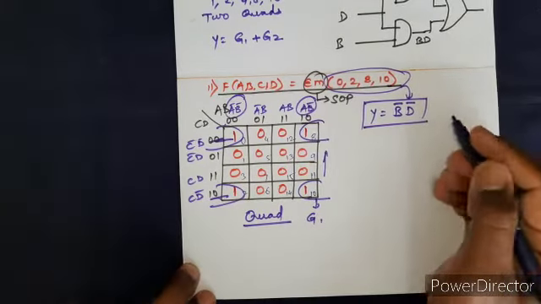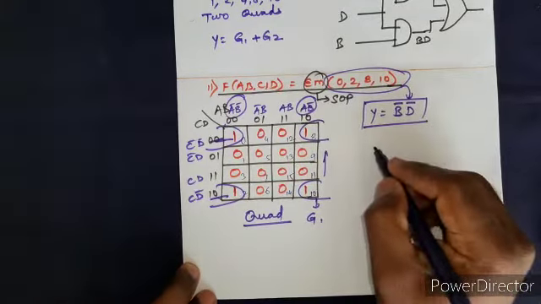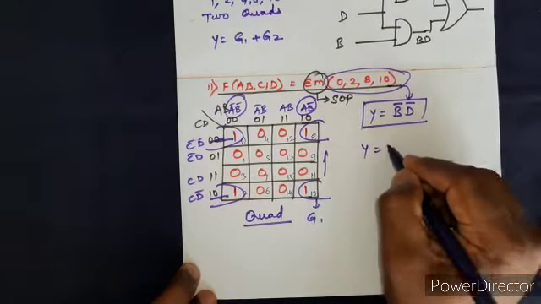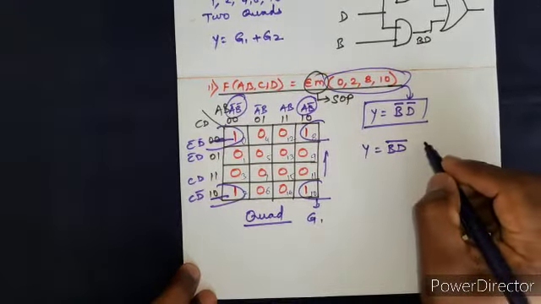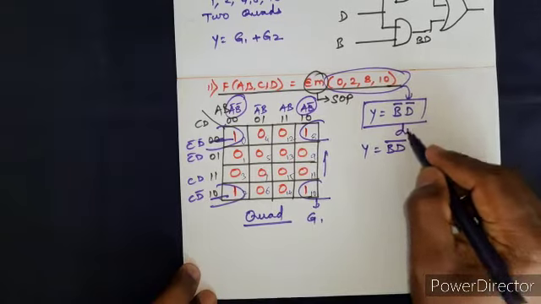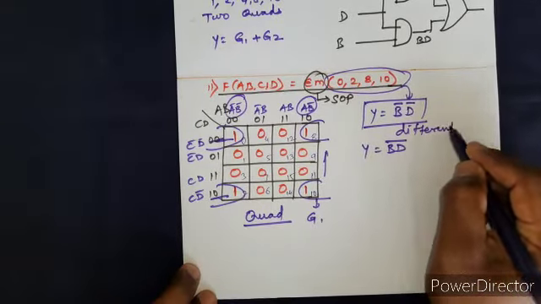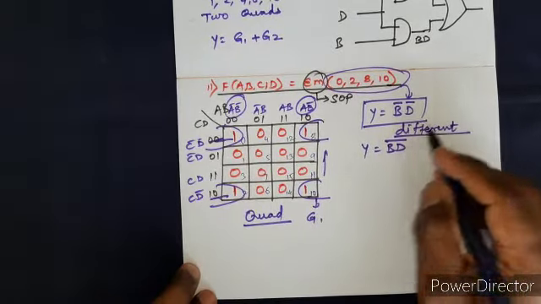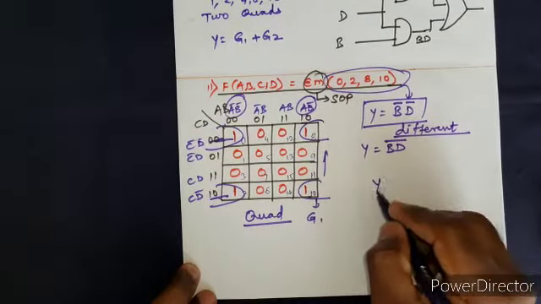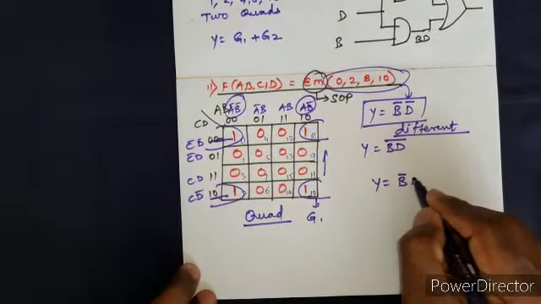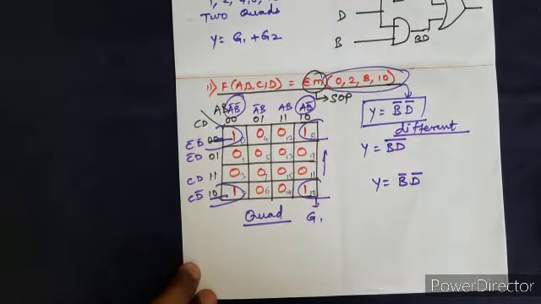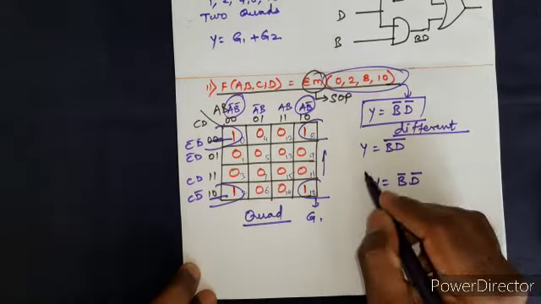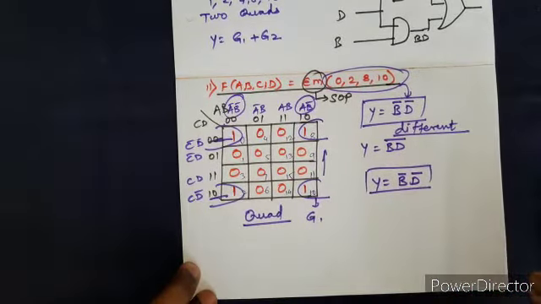One thing again, I would like to remind you that Y equal to B D whole bar and this are both different. So you need to take care that you are writing Y equal to B bar D bar, right? So this is the final equation.